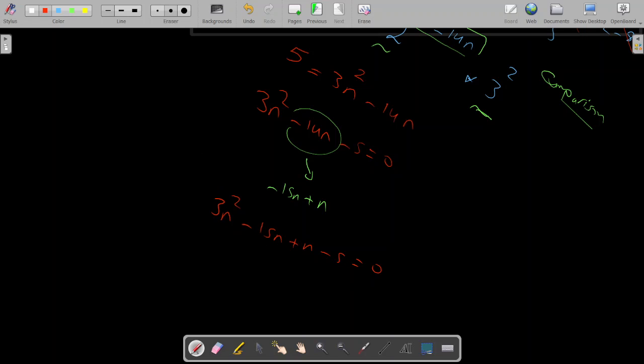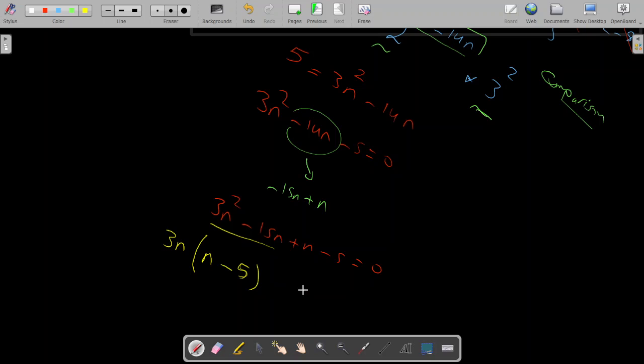Now we try to factorize these two terms together. We're gonna take 3n, we're gonna use it as a factor, open bracket, 3n, so the first is gonna be n minus 5, close bracket.